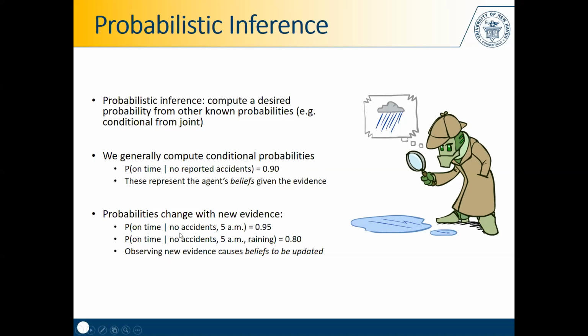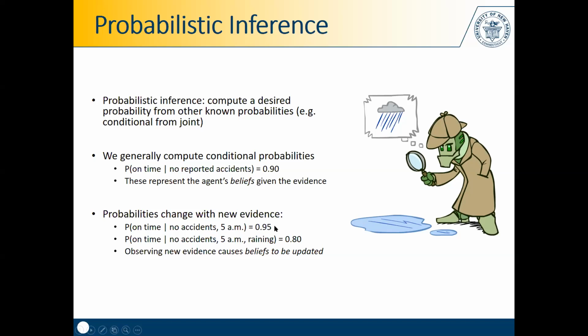Now we gather more evidence. Not only are there no accidents, it's also very early in the morning, it's 5 a.m. So accordingly, the probability of getting on time conditioned on these two pieces of evidence becomes 0.95.